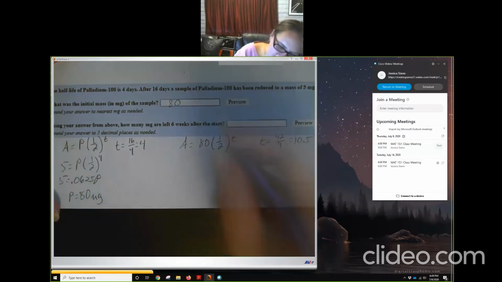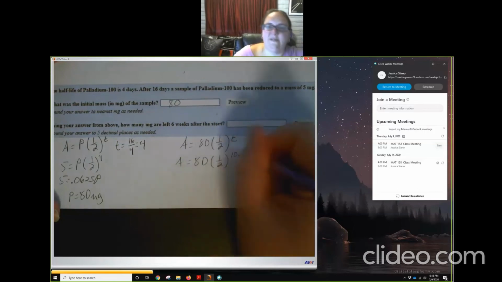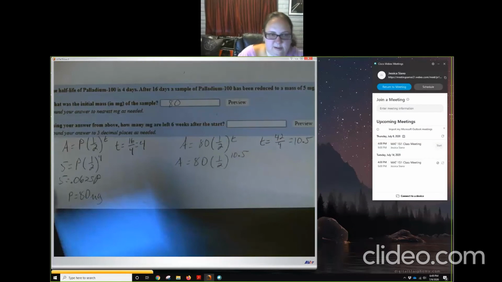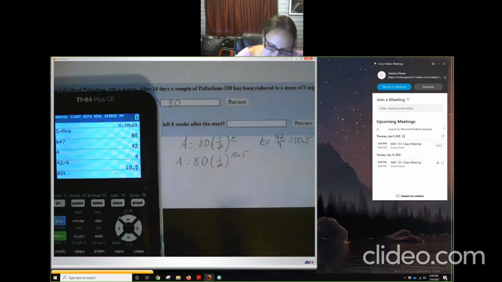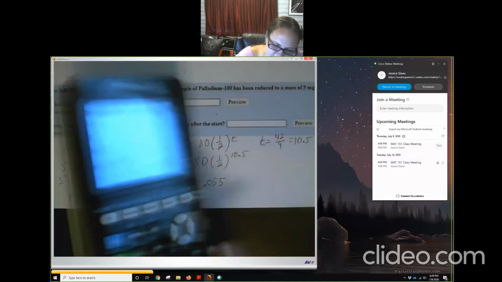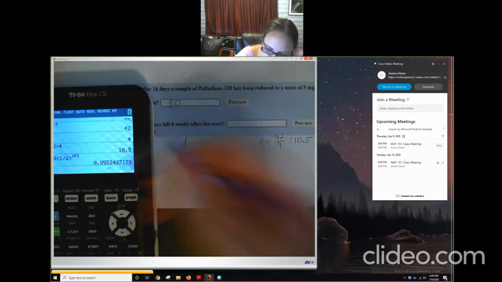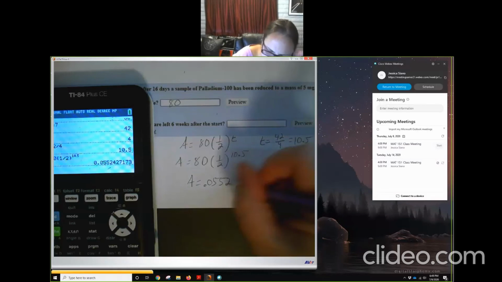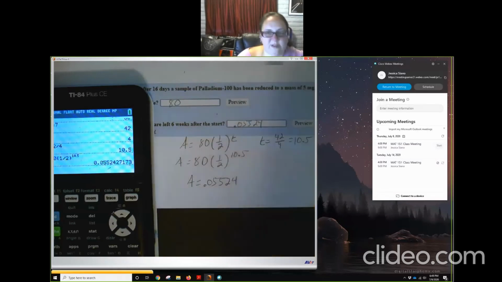So then that would mean that I would have 80 times 1/2 to the 10.5. So I would have 0.055, 5 decimal places, 0.05524 milligrams left.